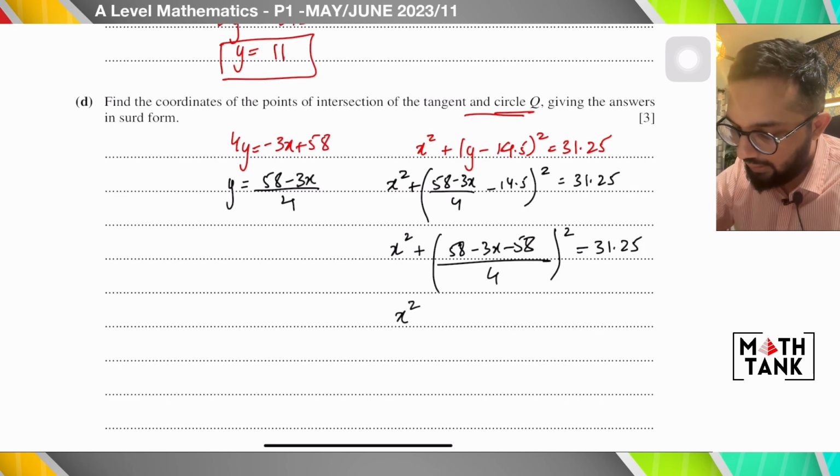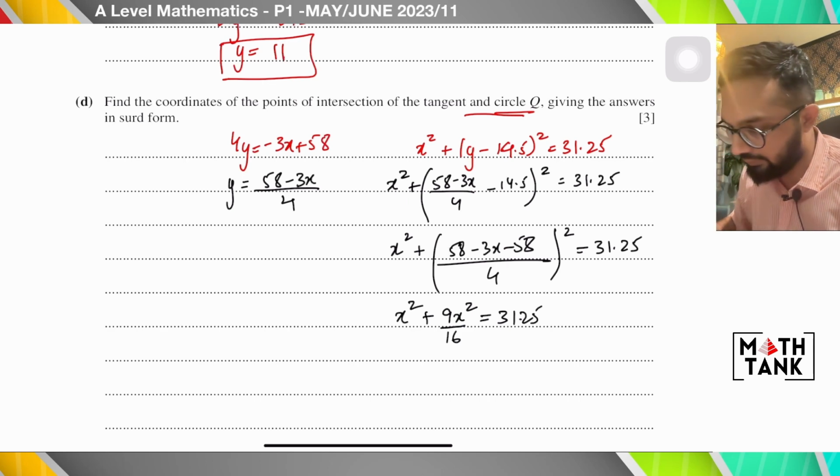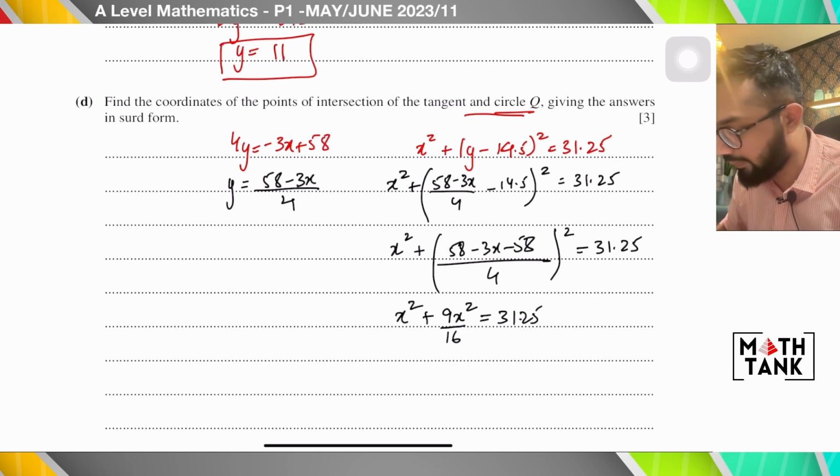That gives me x squared plus 9x squared over 16 equals 31.25, since that was 3x over 4 whole square.